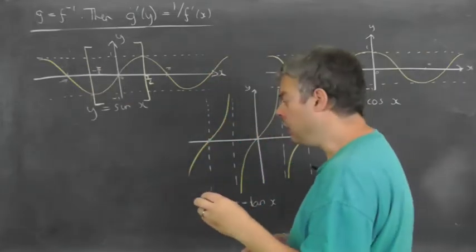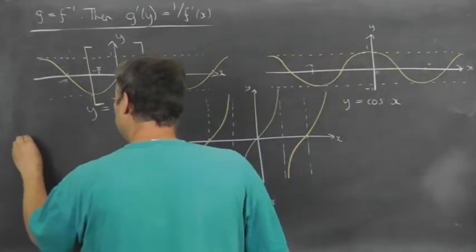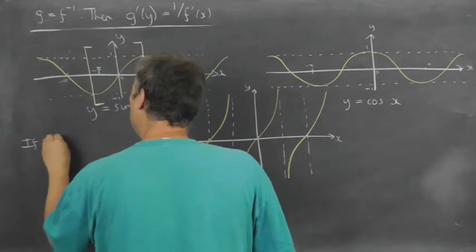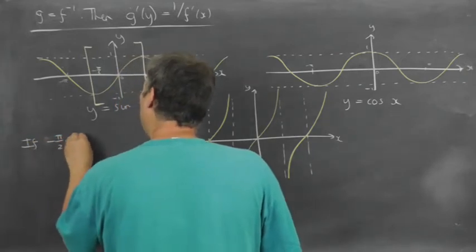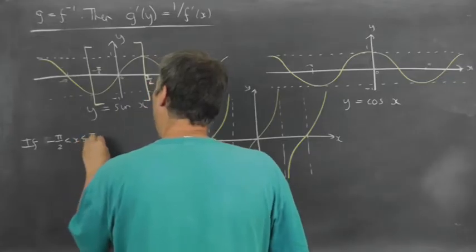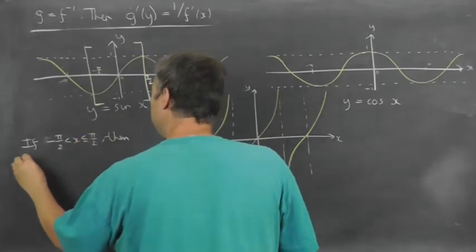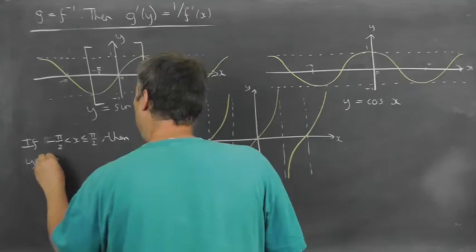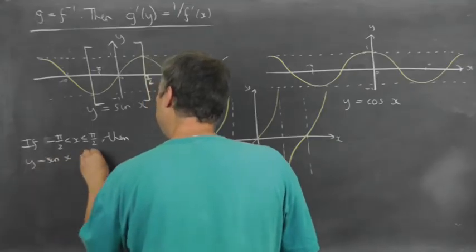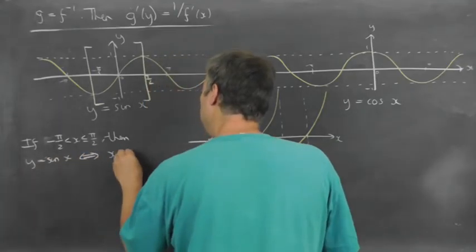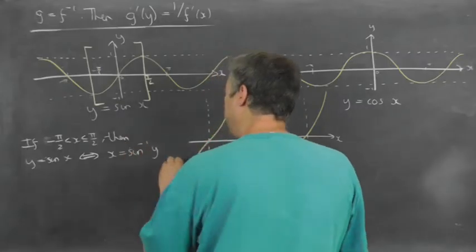And so if x lies between minus pi over 2 and plus pi over 2, then y equals sine of x exactly when x is sine inverse of y.